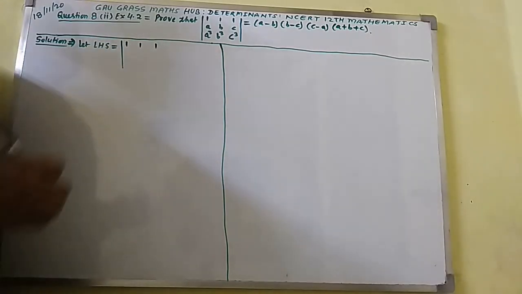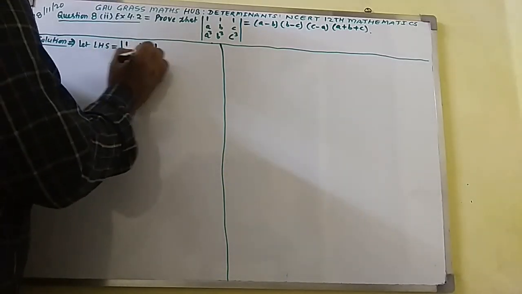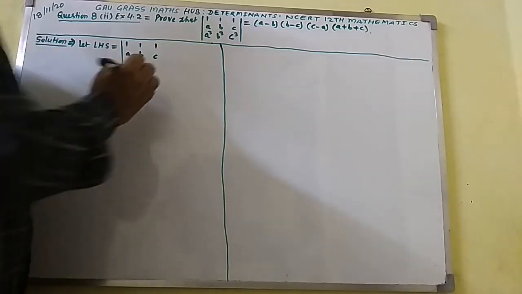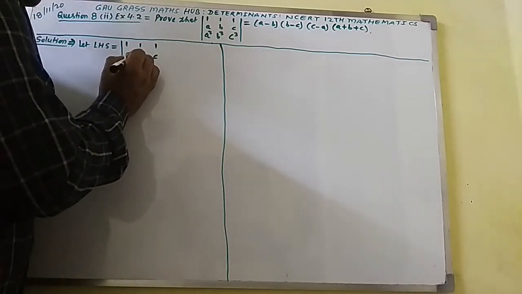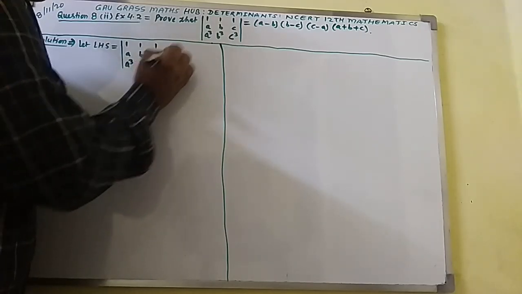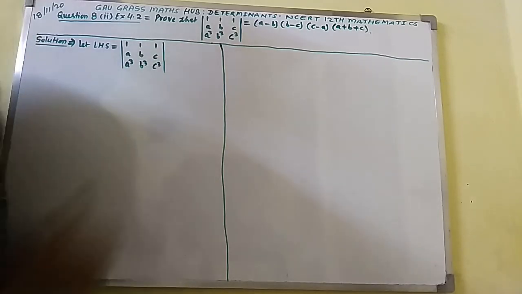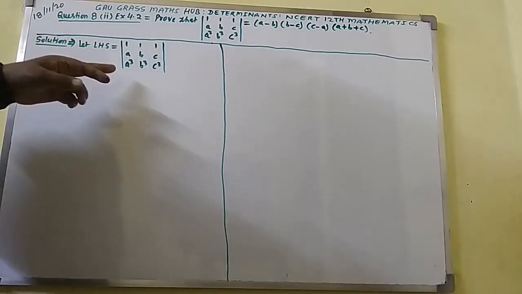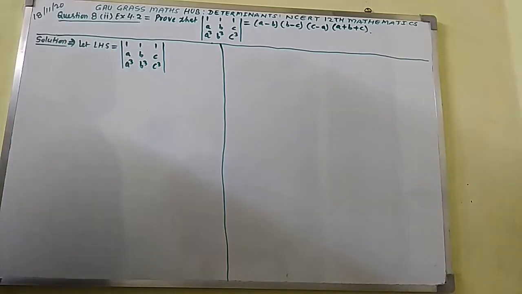The elements of the second row will be a, b, c. The elements of the third row will be a cubed, b cubed, c cubed. This is the question which I am going to solve here. LHS is equal to this determinant.